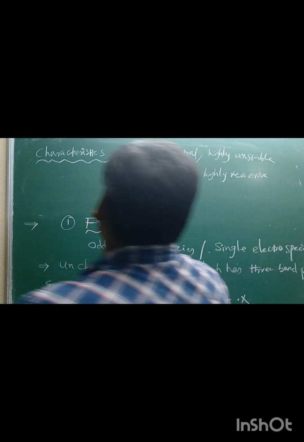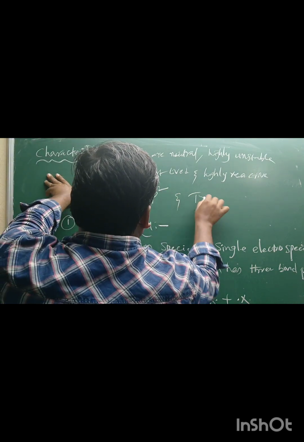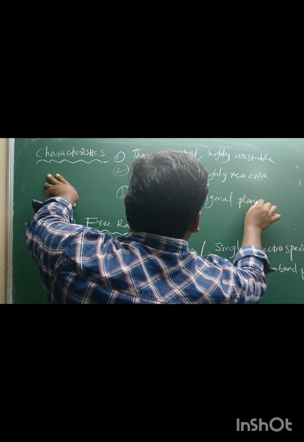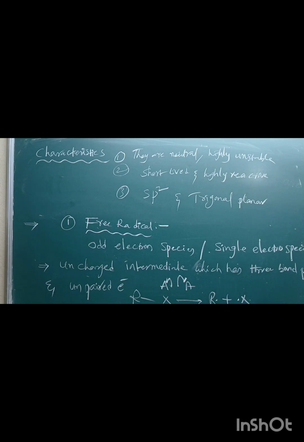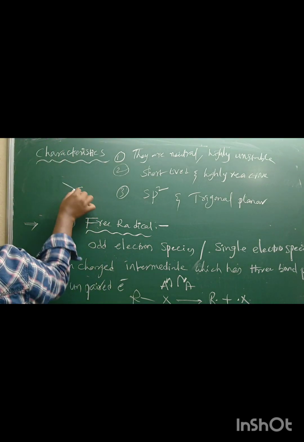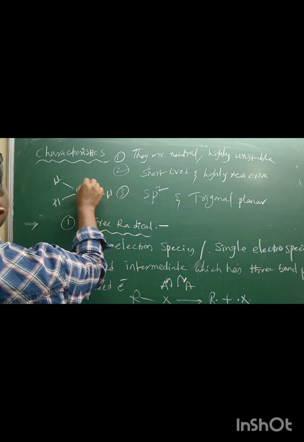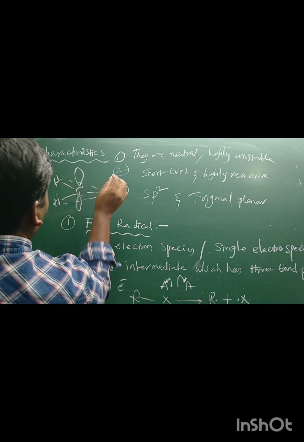Thus, it can undergo sp2 hybridization. The shape of the molecule is trigonal planar. Here you can observe, if you take a methyl carbon, this is a methyl free radical. This is trigonal planar.